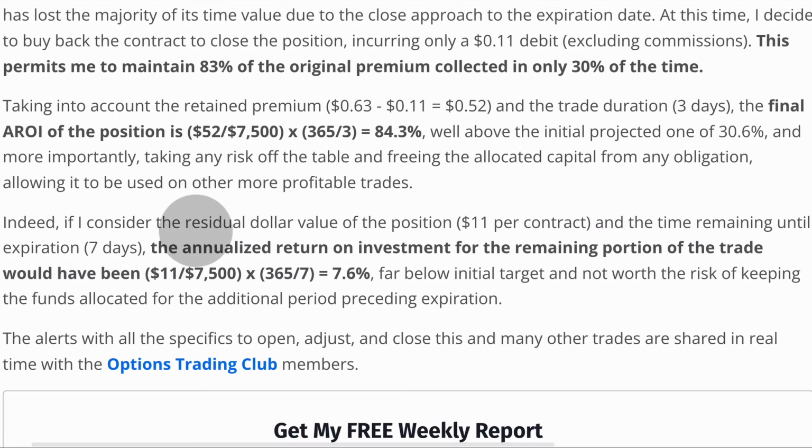If you consider the other side of the equation, what does it mean to leave this $11 for the remaining time? If you consider what will happen in the following 7 days if I decided to leave the position open, all you have to do is take $11, divide by the collateral, again 7,500, and in this case divide by 7 and then multiply by 365.